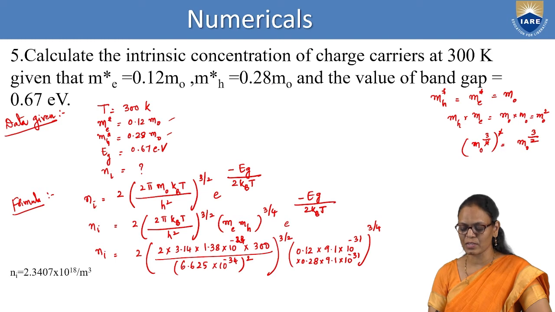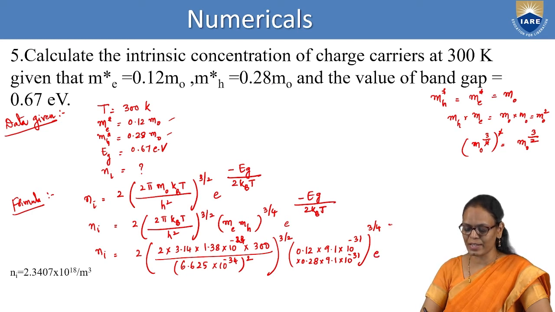This whole thing is M naught into Me, 0.12 M naught, 0.28 M naught, into e power minus Eg. Eg is now 0.67 into 1.6 into 10 power minus 19 divided by 2 into 1.38 into 10 power minus 23 into 300.